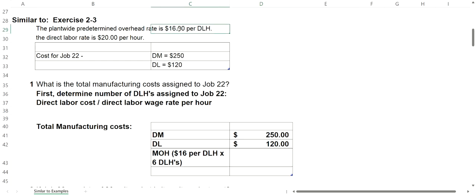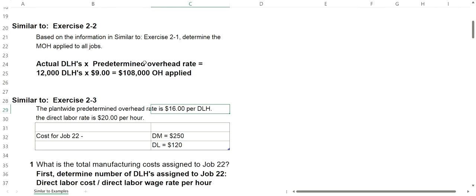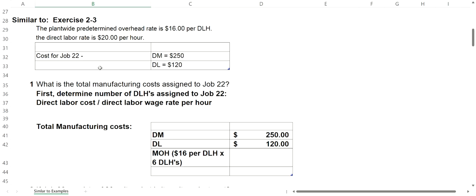Now I know it's $16 an hour, but like I did up here, I want to take it times, I am using direct labor hours again for this particular problem as well, so I want to take it times actual direct labor hours. Now you might notice that wasn't given to me. I'm given a rate of $20 per hour, but I'm not given the actual direct labor hours. So I am going to have to calculate that out. Okay, I can do that. And so notice I said here first, determine the number of direct labor hours for job 22.